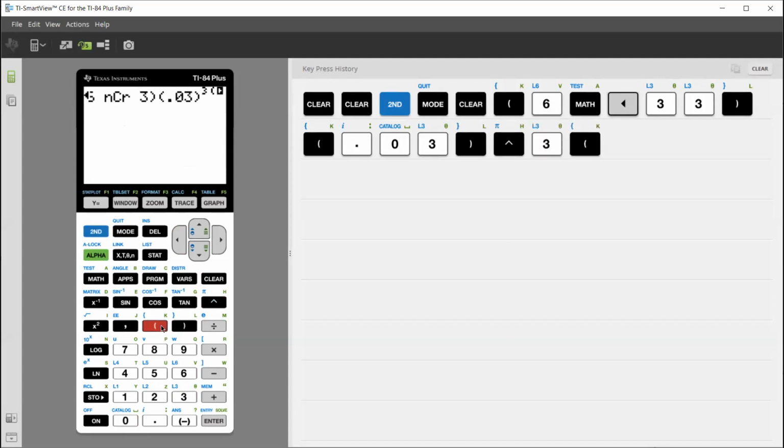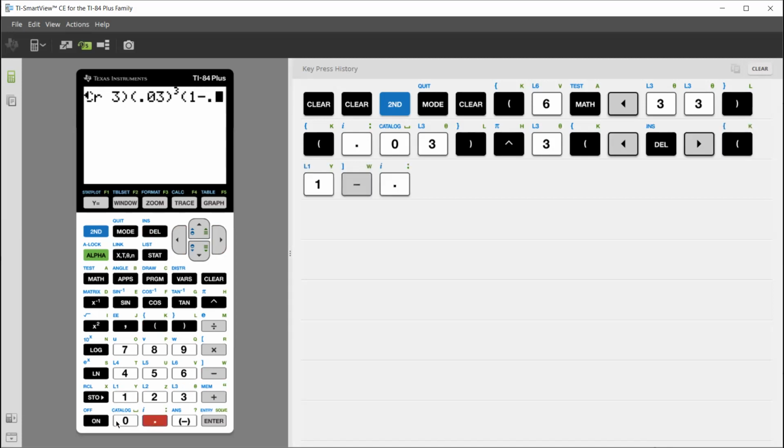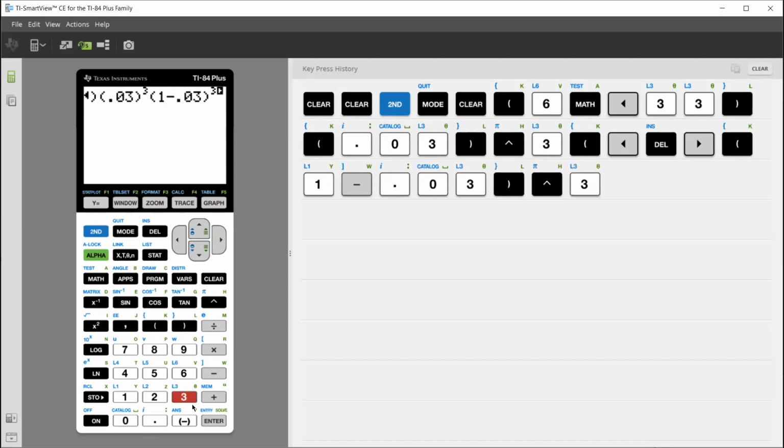And this is, we're going to go down. We're going to say 1 minus 0.03, raise it to the third power. Or 0.97 to the third power.